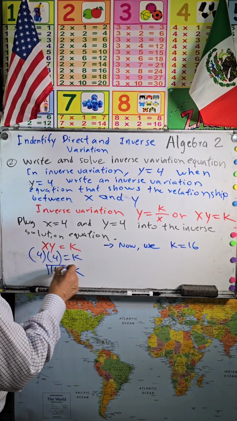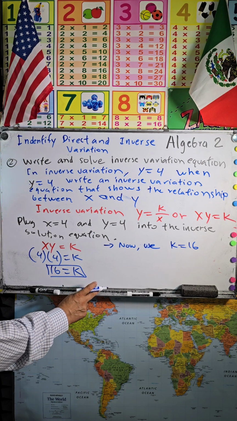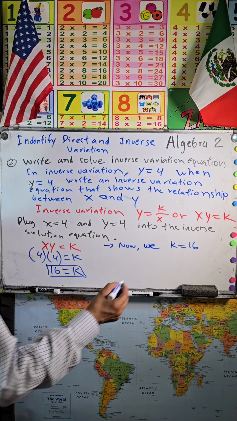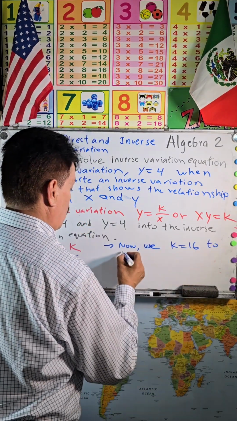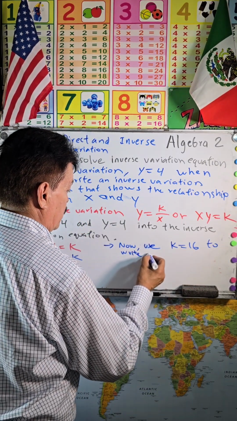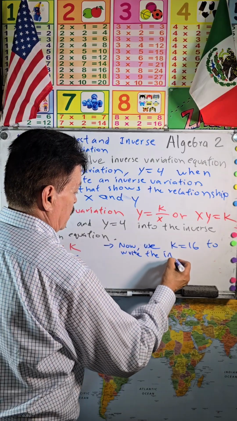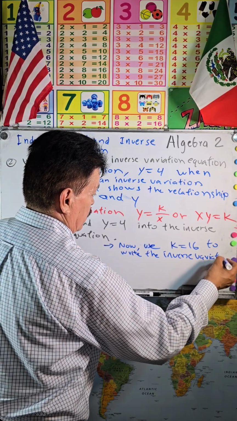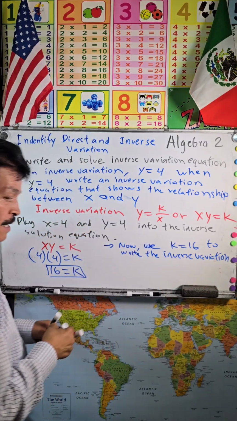That's the answer that we got here. Use k equals 16 to write the inverse variation. All right.